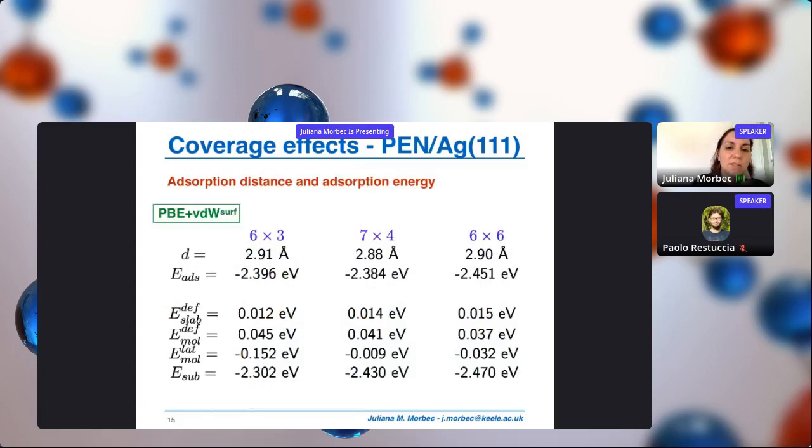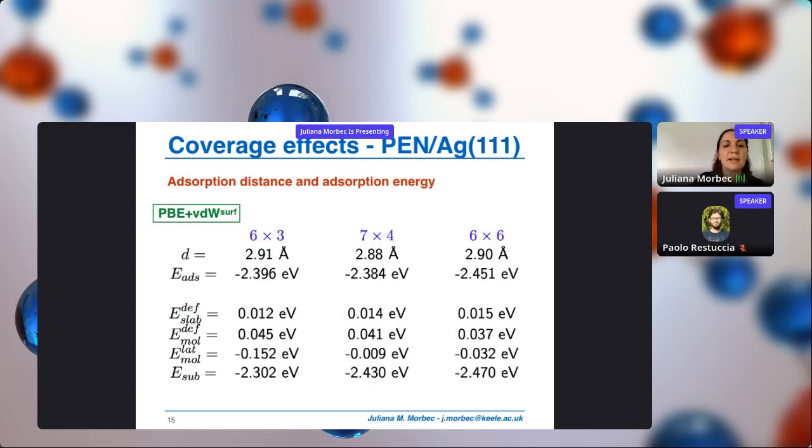But what we saw is that for binding distance, you don't see too big a difference when you increase the size of the cell. But the binding energy quite increases when you increase the size of the cell. And this is due to the interaction between molecule and substrate. You see that the interaction between molecules and substrate increases when we go from a 6x3 cell, where you have one monolayer coverage, and increase the size of the cell, meaning molecules will be far apart from each other.